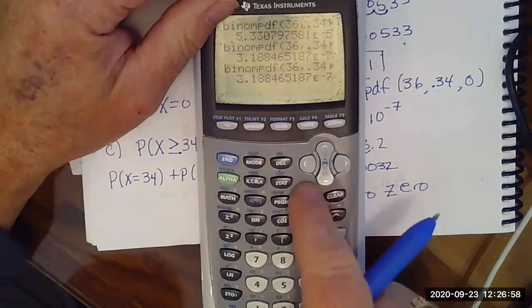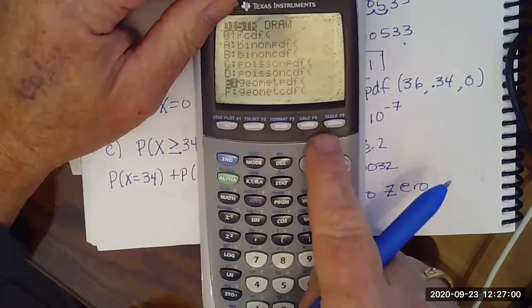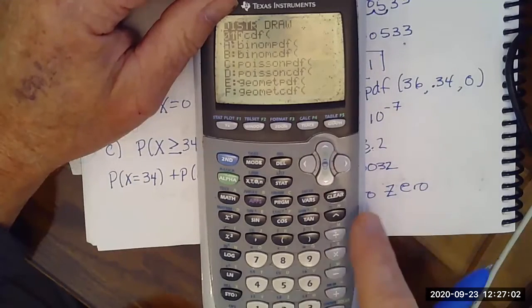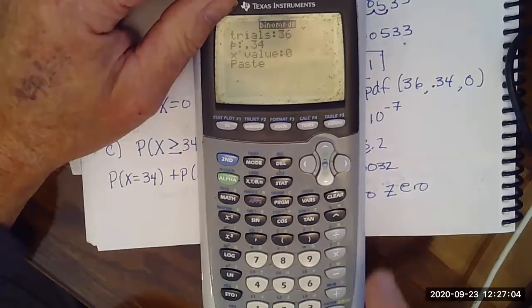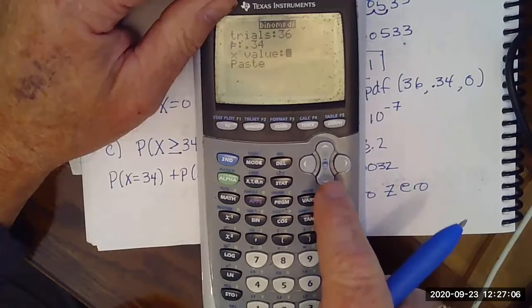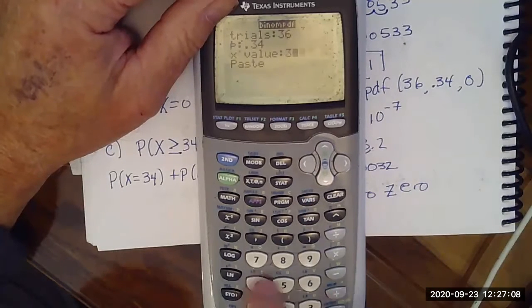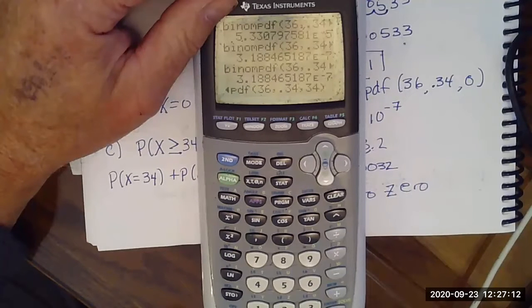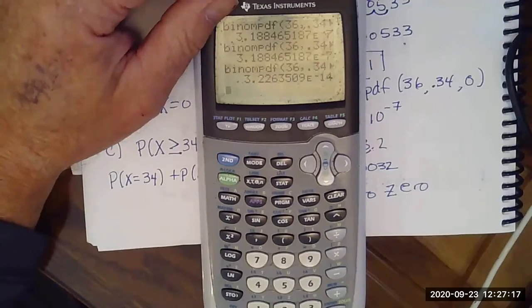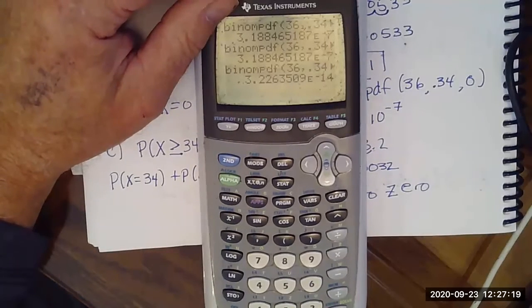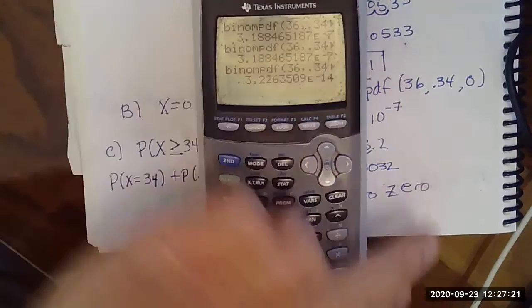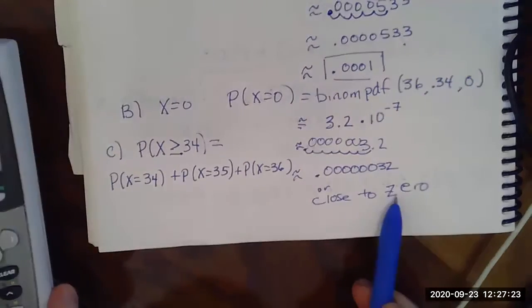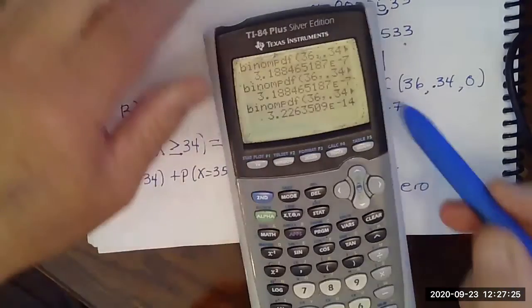Second distribution again. We look for it. There it is. Okay, 34. Hit the paste and hit enter one more time. And gosh, that's basically 0. I mean, if negative 7 power gets me to 0, negative 14 is definitely 0.